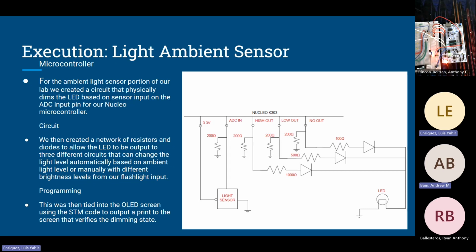And so with a double nested if-then statement, I made it so as long as there is less than a certain amount, it will have light dimming with the lowest resistive circuit output. And then as the voltage goes up, it goes to a low dimming and then a high dimming level with those three diodes at the end, making it so that they don't interact with each other's voltage levels.